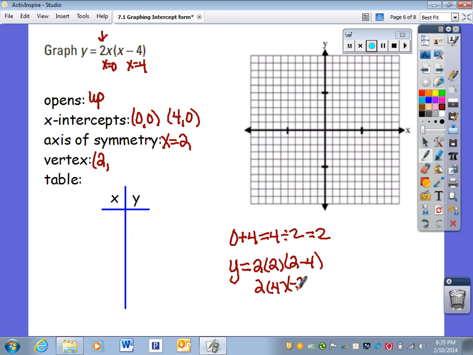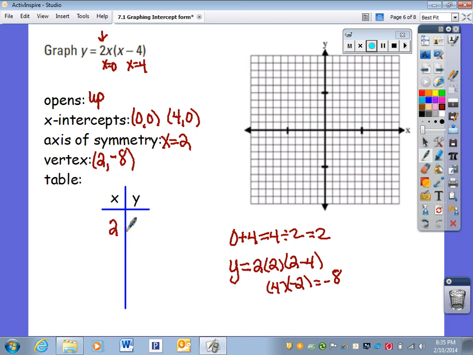I think I have too many 2's there. Nope, 2 times 2 is 4. I have an extra 2 right here. And that will be then at -8. Alright.